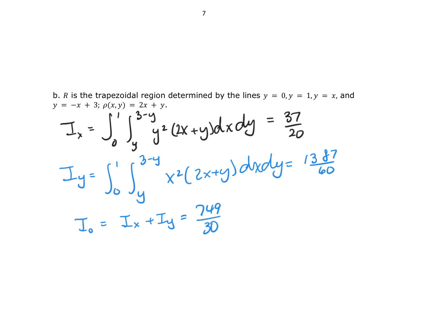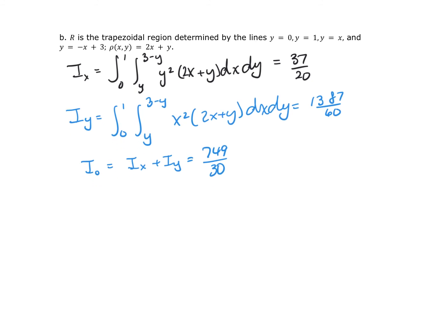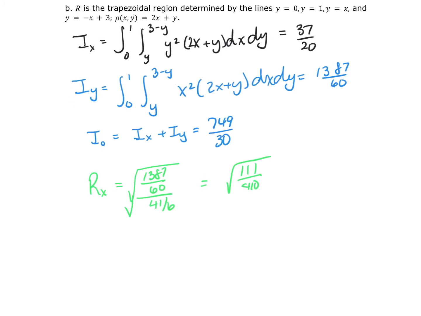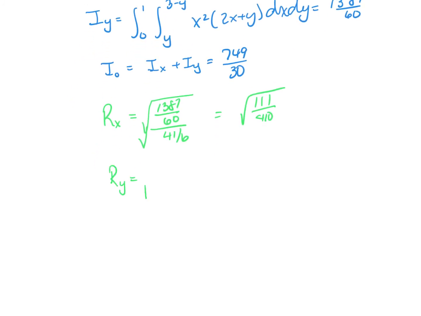Because we've already done this, we already know what the mass is, because we did the math. So the radius of gyration r of x is going to be the square root of 1387 divided by 60 divided by our mass, and we found our mass from before is 41/6. So when I get done, it reduces to 111/410. My r of y is going to be the square root of 1387 divided by 60 divided by the 41 divided by 6, which gives me 1387 divided by 410.